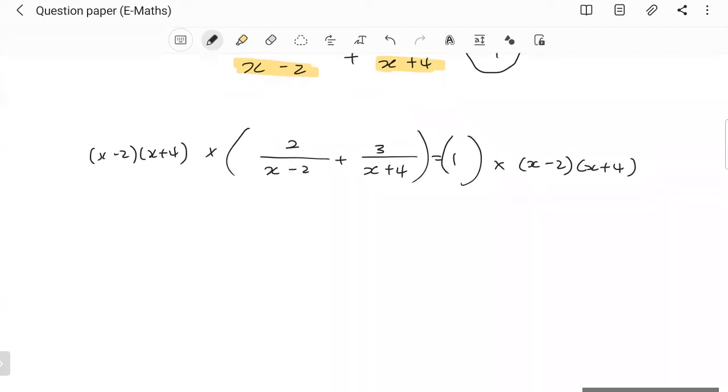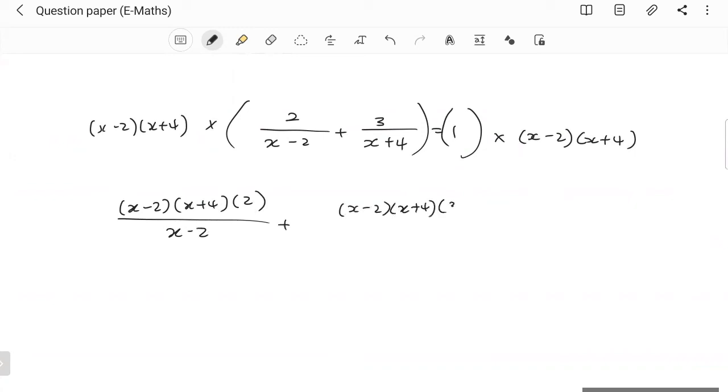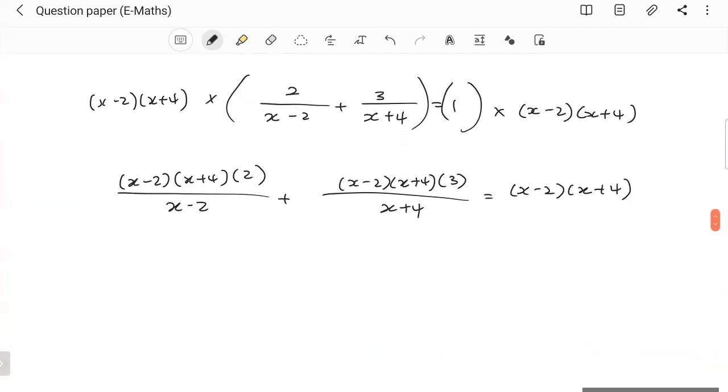Just for illustration purposes, what we have is x minus 2, x plus 4, times 2 over x minus 2, plus x minus 2, x plus 4, times 3 over x plus 4, equals 1 times x minus 2, x plus 4. So this is what it is supposed to be. Then you will notice that this can be cancelled away.